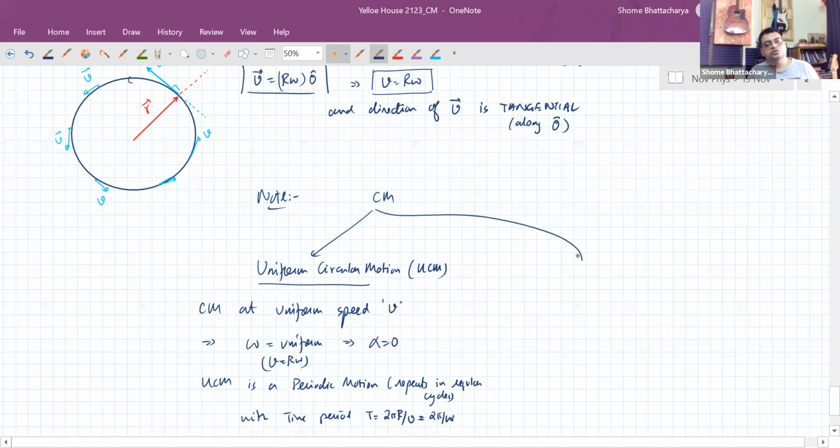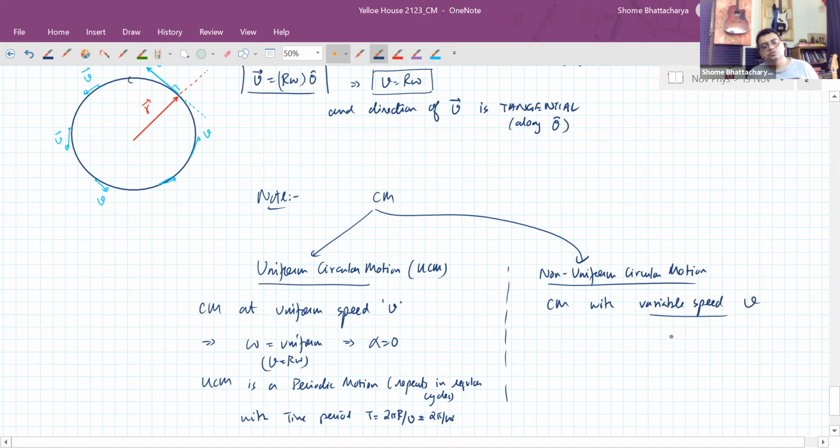Whereas the other type of circular motion we'll talk about is non-uniform circular motion. So this by definition is a circular motion with variable speed. So v is not constant. So that means omega is also variable, which means that alpha is non-zero.